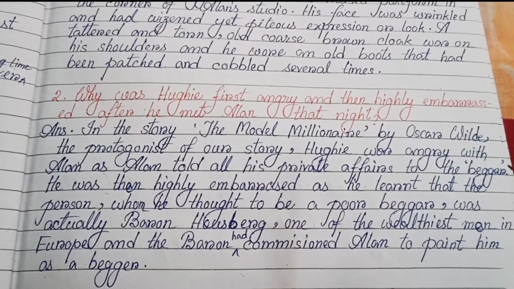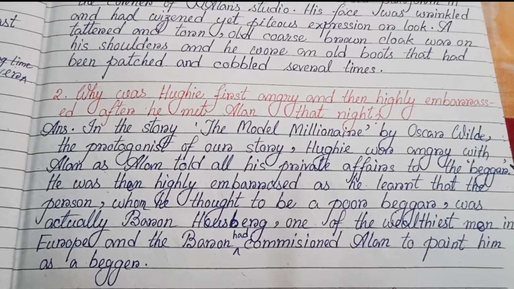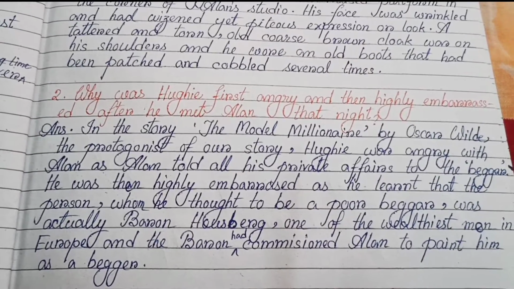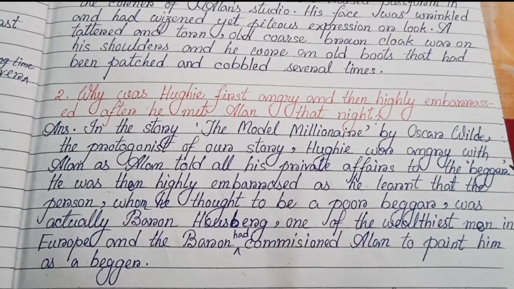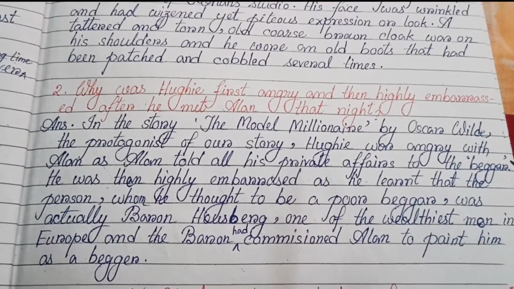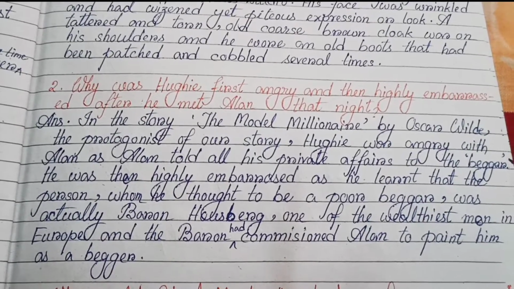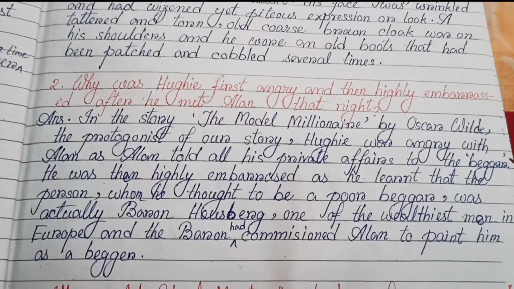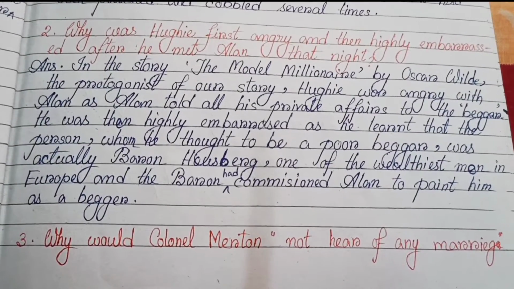He was then highly embarrassed as he learned that the person whom he thought to be a poor beggar was actually Baron Hausberg, one of the wealthiest men in Europe, and the Baron had commissioned Alan to paint him as a beggar.